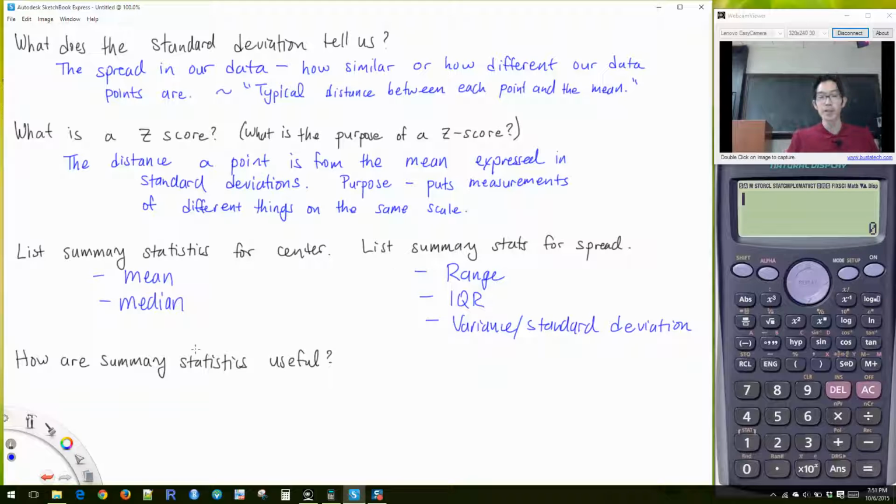Okay. And how are summary statistics useful? Well, number one, they summarize lots of data into just a few key points.